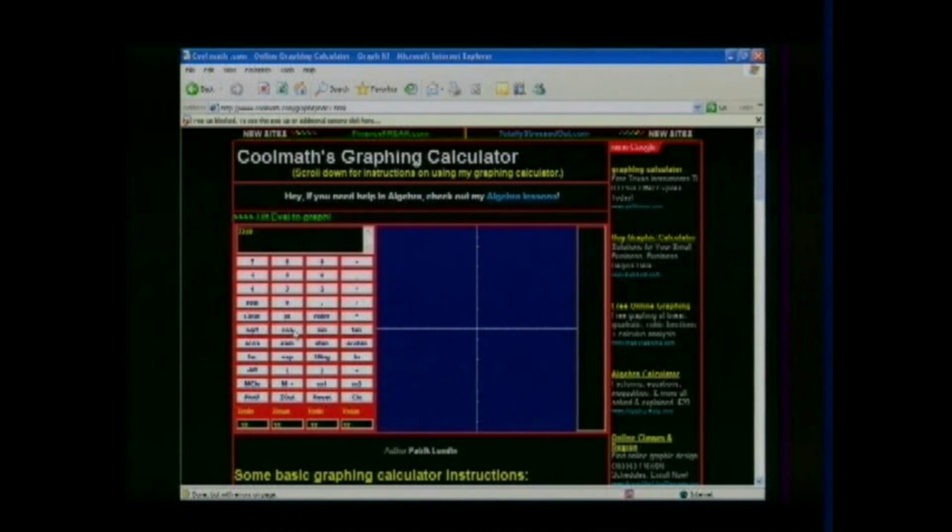Well, t is your variable, so you can put x, your independent variable. Close the parentheses, so you can see it in this box, and push evaluate. That will graph it. There is the graph.